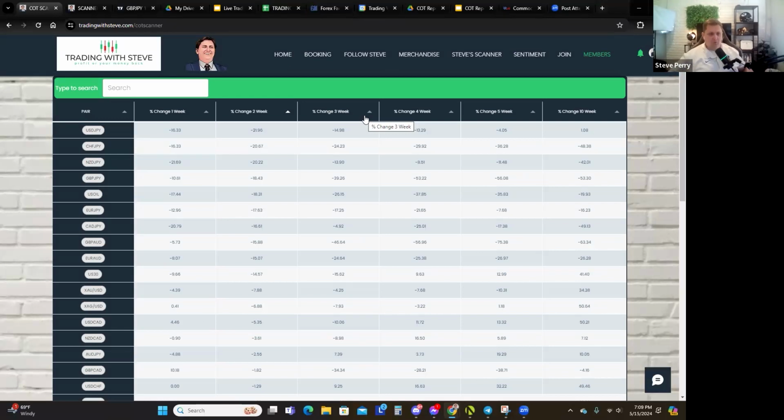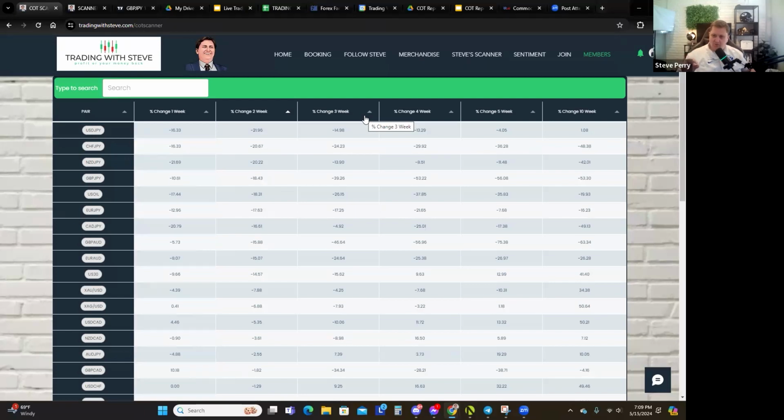It's very powerful. Usually the 3 week shift has more to do with what the market's going to do this week than even the 5 week shift. You've also noticed we use the 5 week shift in determining which direction we should go this week, with the weekly signals on the Steve scanner. But I've programmed the scanner to give a little bit more clout and importance to the 3 week shift, just slightly more.